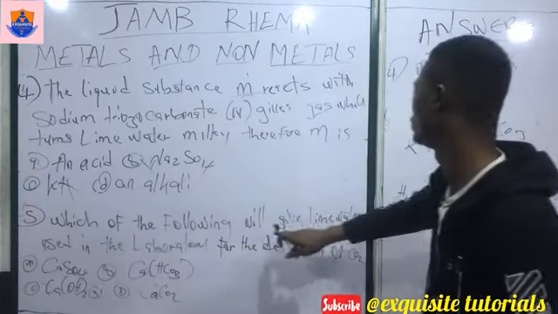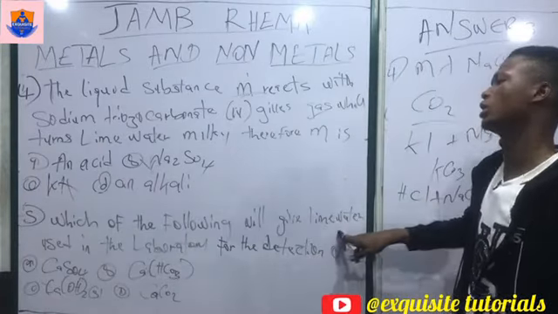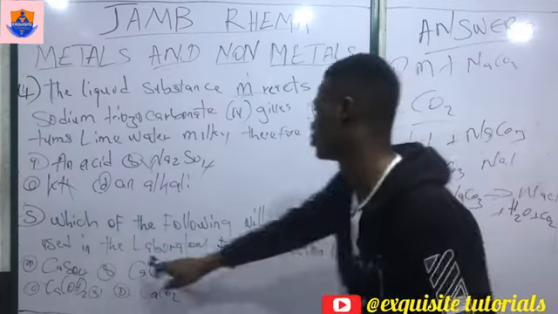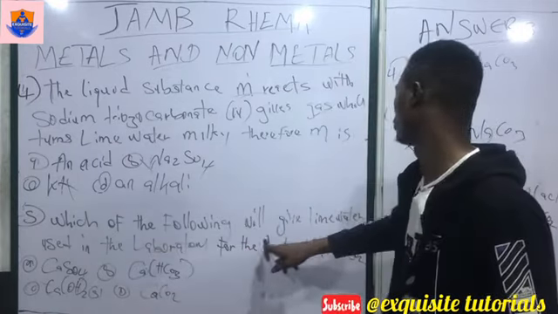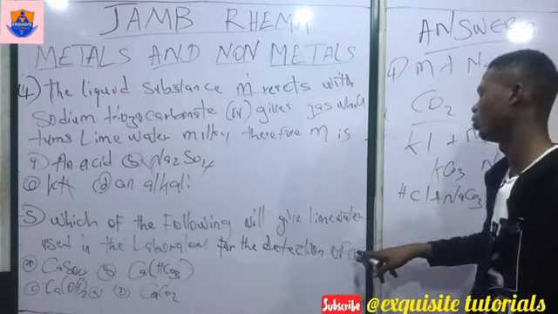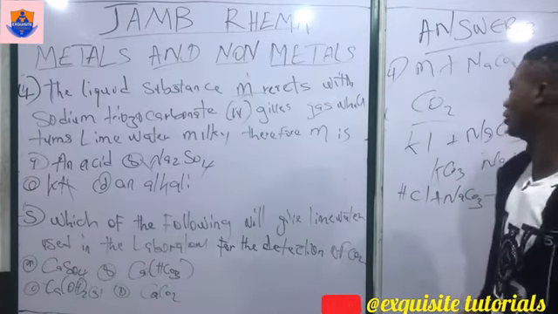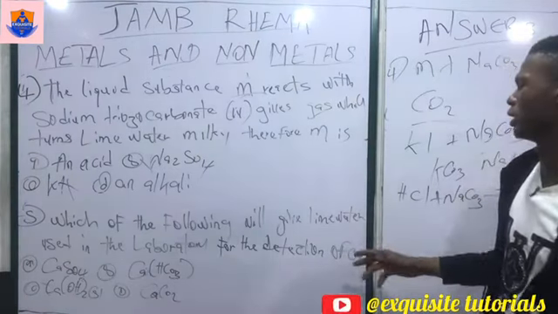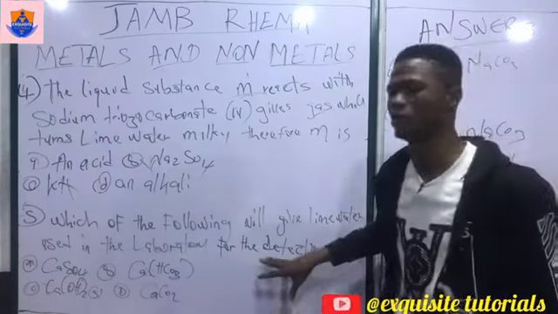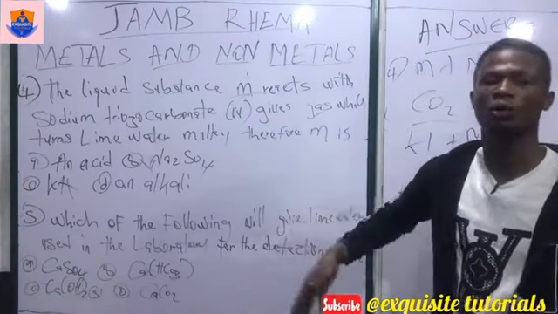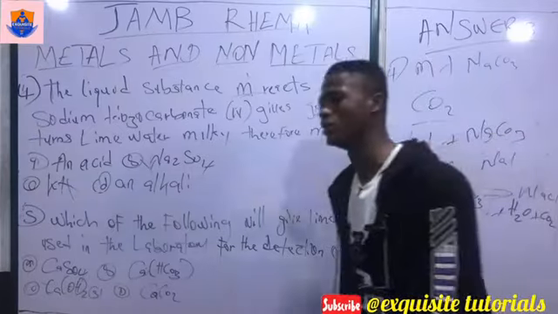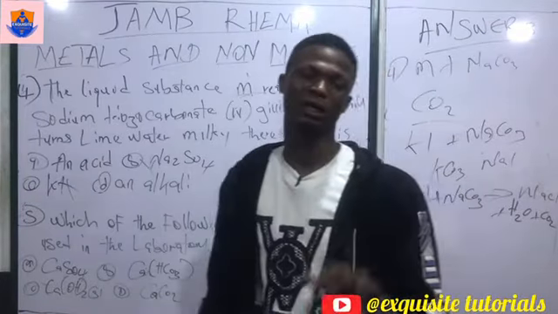Which of the following will give lime water used in the laboratory for the detection of carbon 4 oxide? Now, I told you guys that carbon 4 oxide turns lime water milky. That is actually what they use in the detection of carbon 4 oxide in the laboratory.